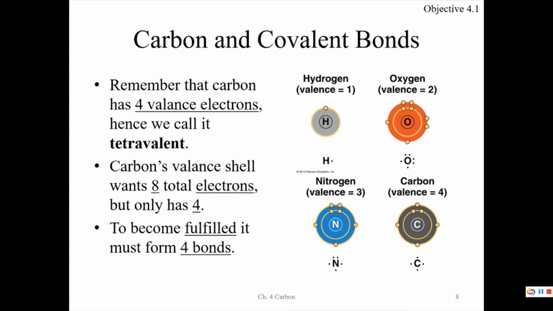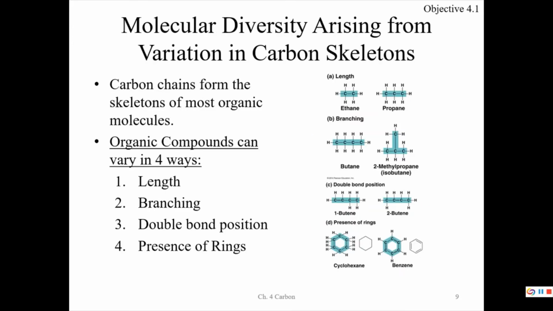So it has what we call tetravalence. Tetravalence allows it to form a complex set of structures. Other tetravalent elements, like silicon, may be a good basis to build molecules for life. Now, carbon can also form chains of different lengths, like ethane, which is 2 carbons, or propane, which is 3 carbons.